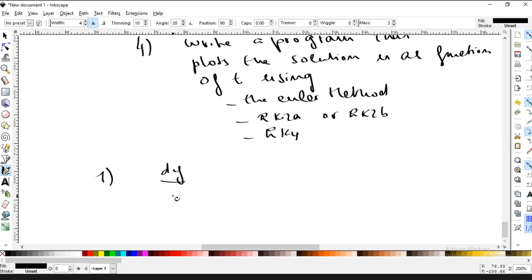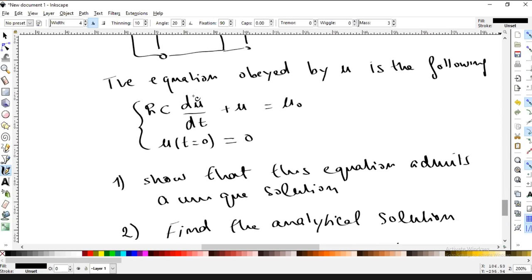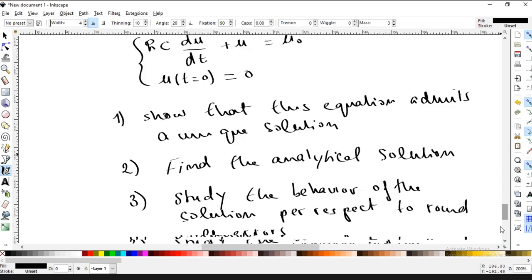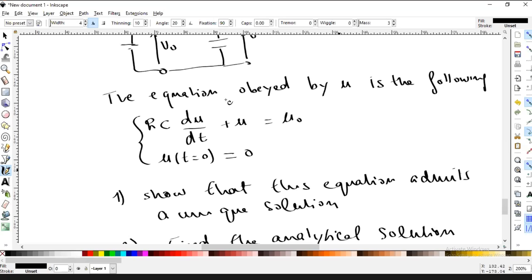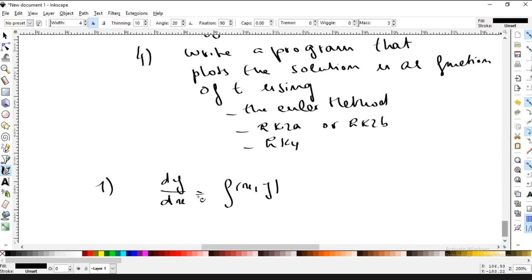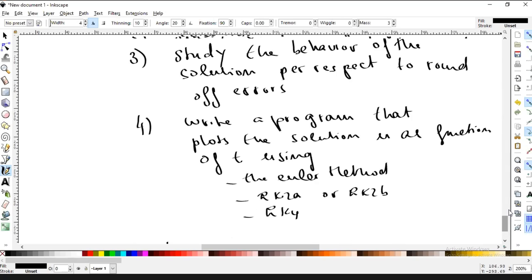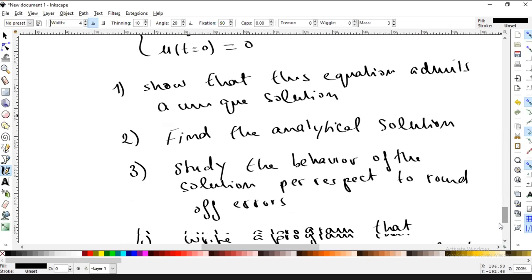What we did before was to express dy over dx as f of x, y. Here our function is u, so the y is the u, and x is t. When I gave this problem in an exam one day, nobody got it right because they got confused about where the y is. It's the same thing, but here x is the t.